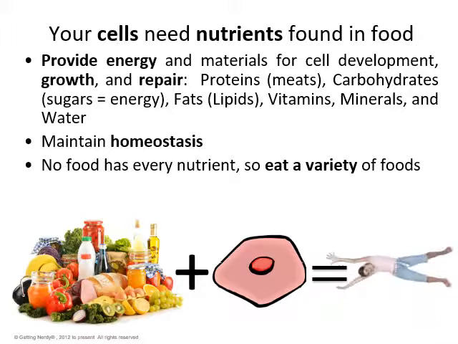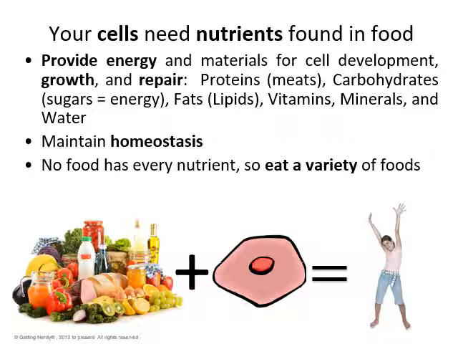The cells in our body need nutrients found in food. The purpose of food is to provide energy and materials for cell development, as well as to aid our cells in growth and repair. There are 6 essential nutrients.